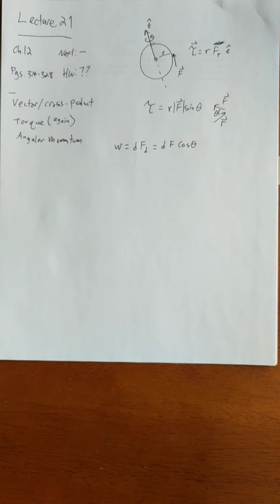So when we were studying work, that's when we defined the scalar product, which allowed us to take two vectors and intuitively get a way to say how much they are aligned with each other, how parallel they were, and then multiply that by their magnitudes.